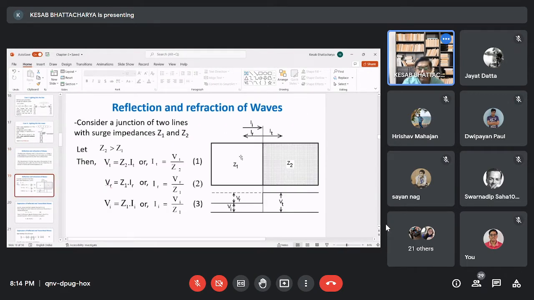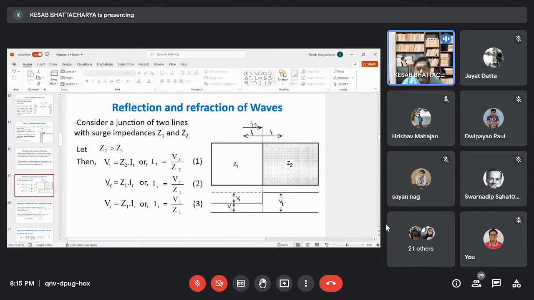Now here we consider there are two lines, one having surge impedance Z1 and the other having surge impedance Z2. And we further assume that Z2 is greater than Z1. Then Vt, the transmitted voltage, is equal to Z2 into It.